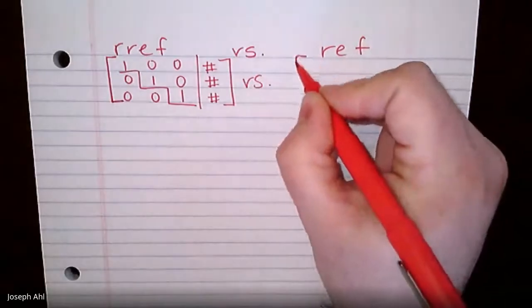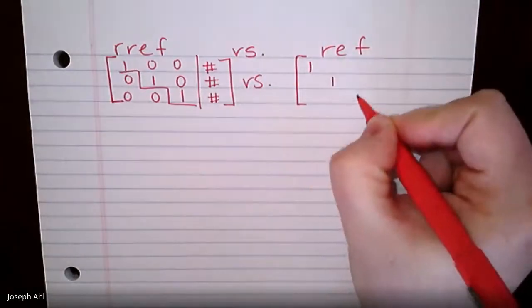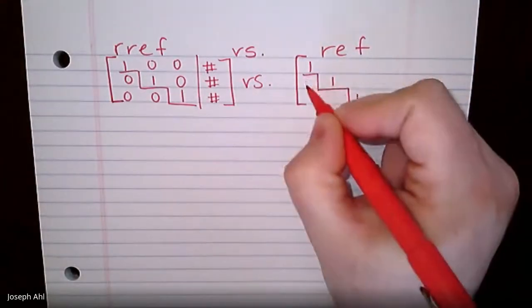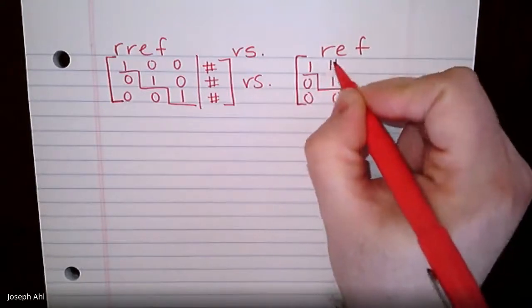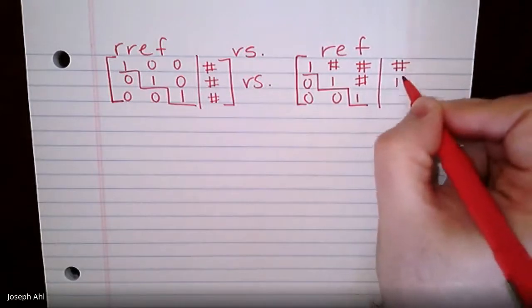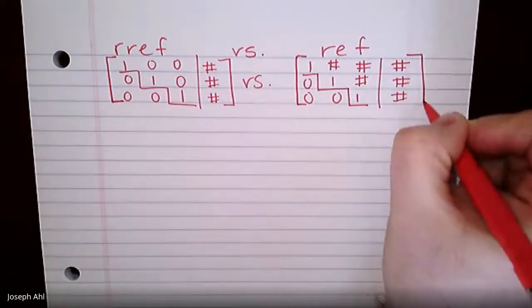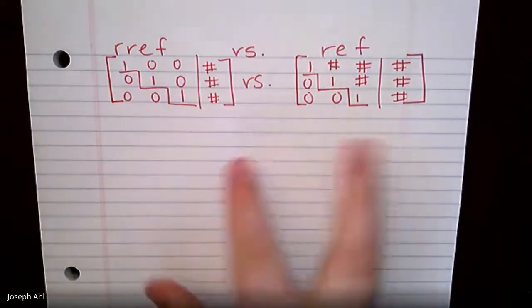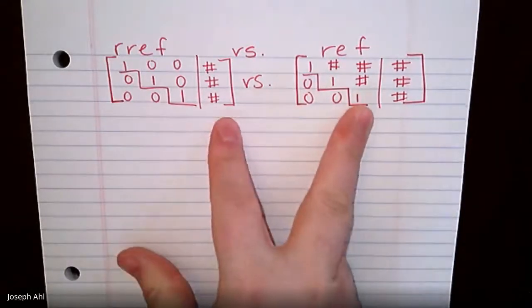Versus if I just said REF, you only need ones on the steps, zeros underneath the steps, and then what's above those ones could be any old numbers. It doesn't have to be zeros. So that's kind of a nice side-by-side view, I think, of what those two forms look like.